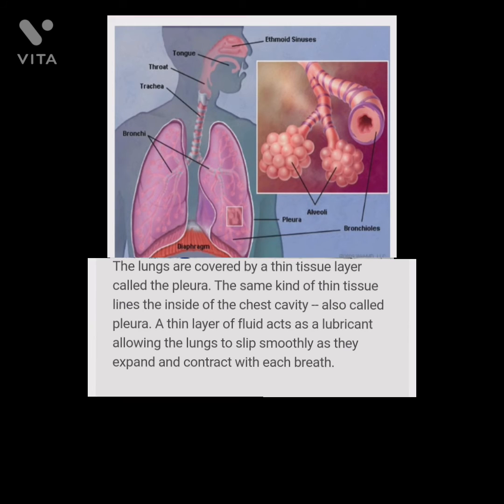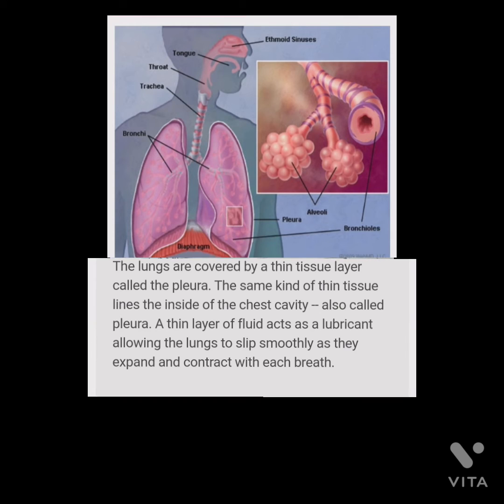The same kind of thin tissue lines the inside of the chest cavity, the hollow part of our chest. It is also covered by the same thin tissue layer, known as pleura. I repeat, the same kind of thin tissue lines the inside of the chest cavity, also called pleura.